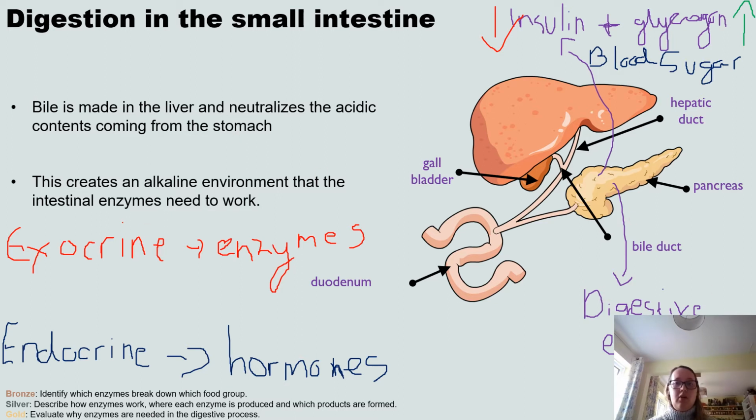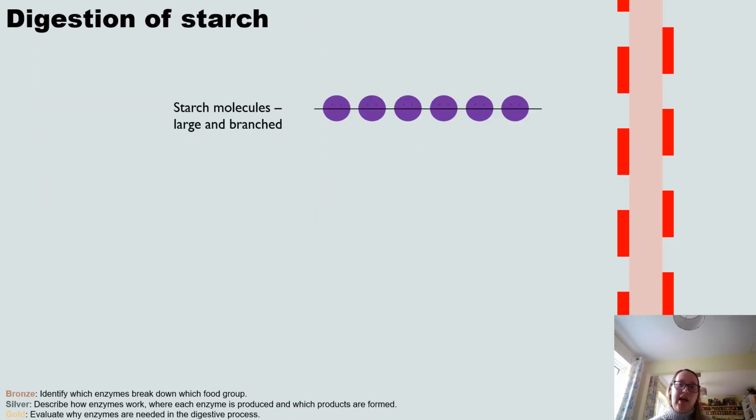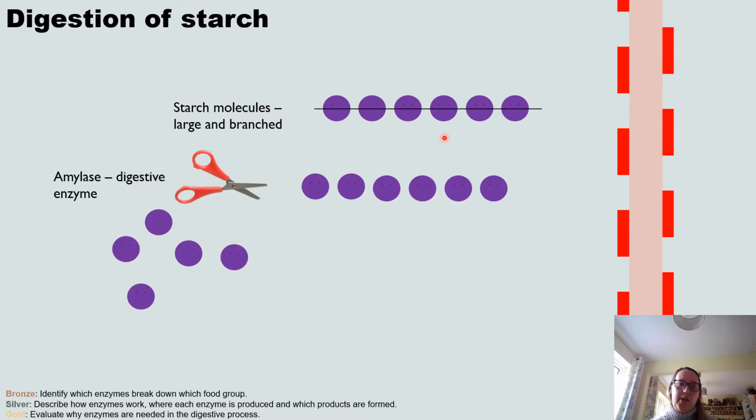So let's move on. If we look at starch, remember starch is this long molecule made up of lots of maltose molecules. So you have amylase, which is the digestive enzyme that is symbolized by the scissors here. That breaks up these bonds in between, which are the glycosidic bonds.